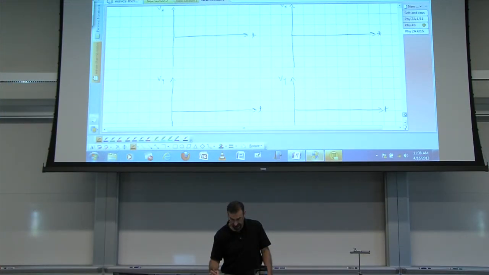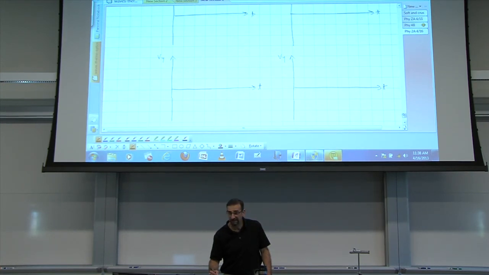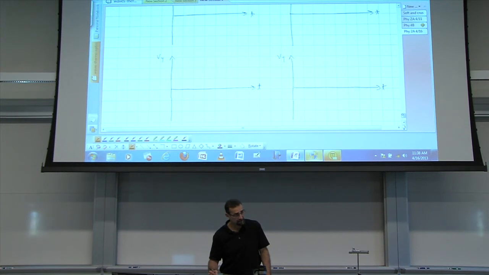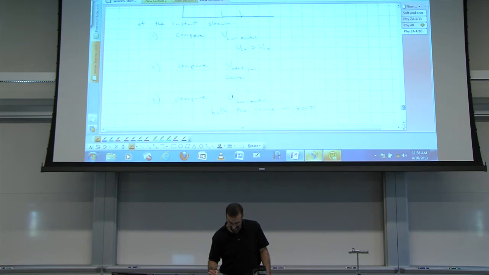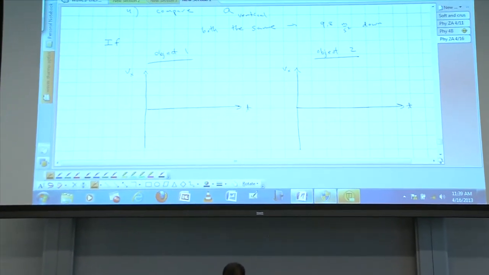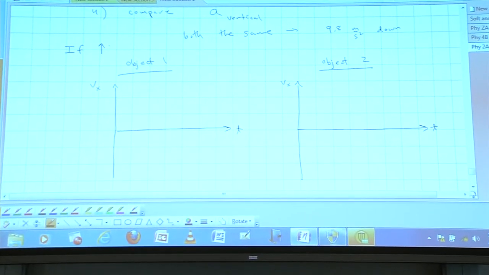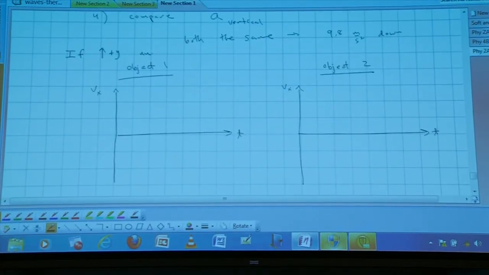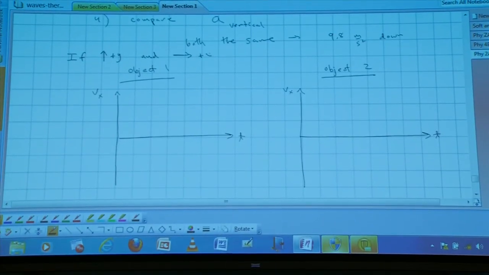What are you using as your positive directions? Up and to the right? Should we do that so everybody gets the same graph? Okay, up and to the right are positive directions.